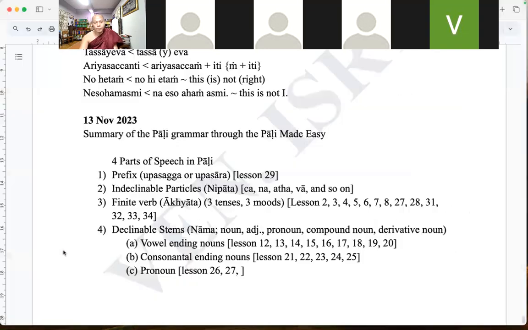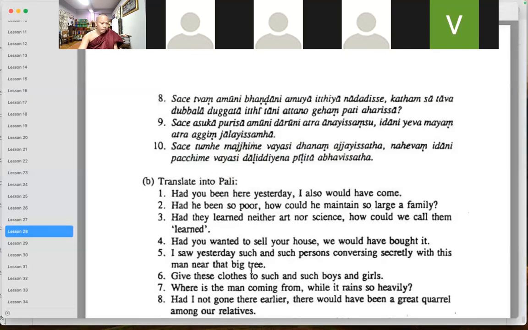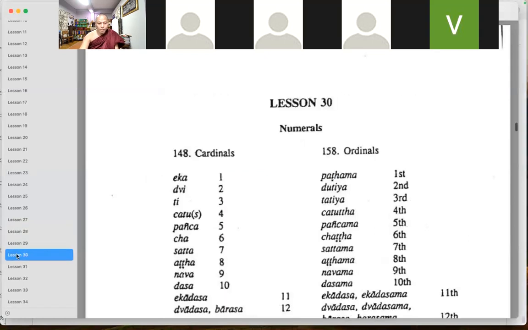And then the other noun is numerals. So those numerals are in lesson 13.